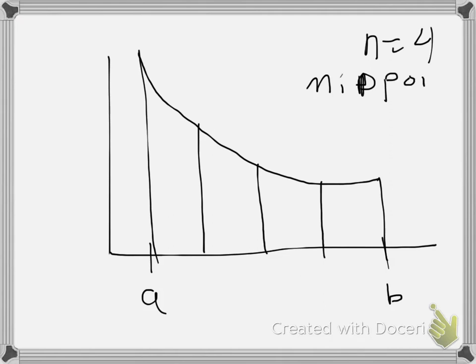Midpoint, which means that we go up to the middle of our interval, and that's how we make the rectangle. This one's pretty special. It actually works out kind of nice. Look at that, the fourth one works out good. That's a midpoint sum.